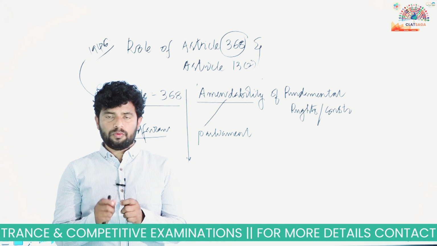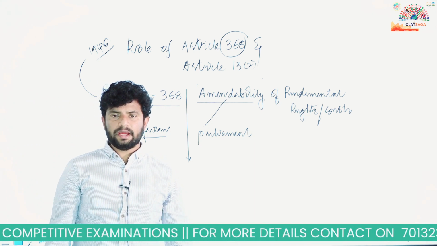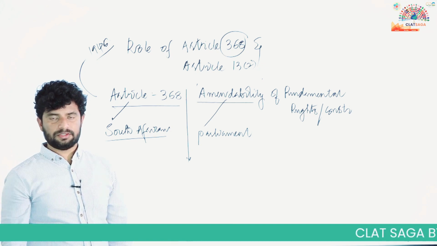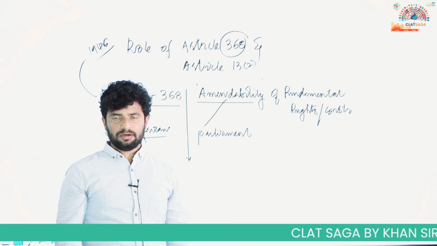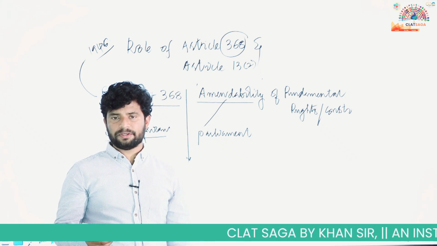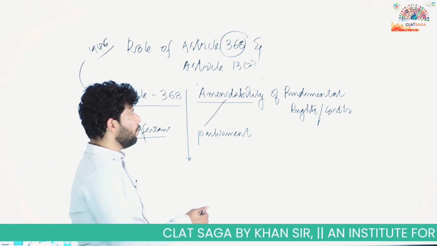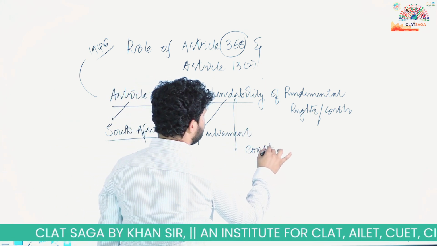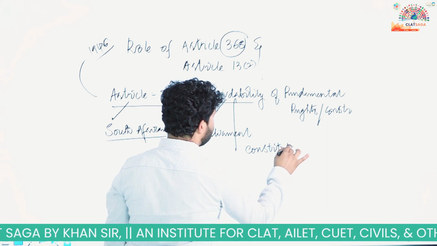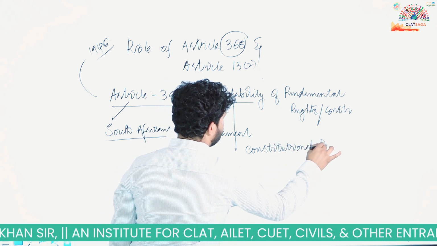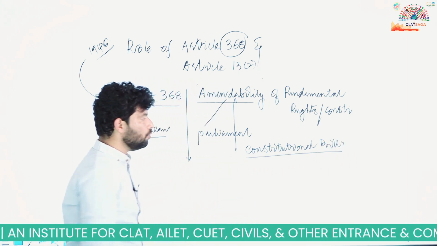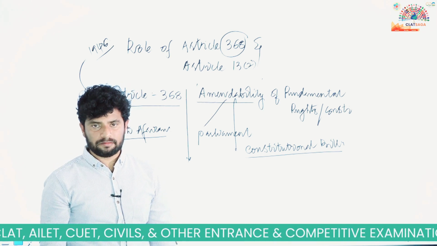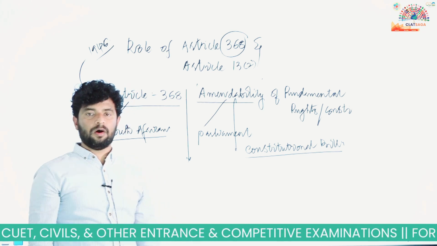Now, the point is how an amendment should be done. Any amendment requires a majority in Parliament, and for constitutional bills a special majority of two-thirds is required. Anything you need to amend as a part of the Constitution of India needs a two-thirds majority on the day of presenting in the House.